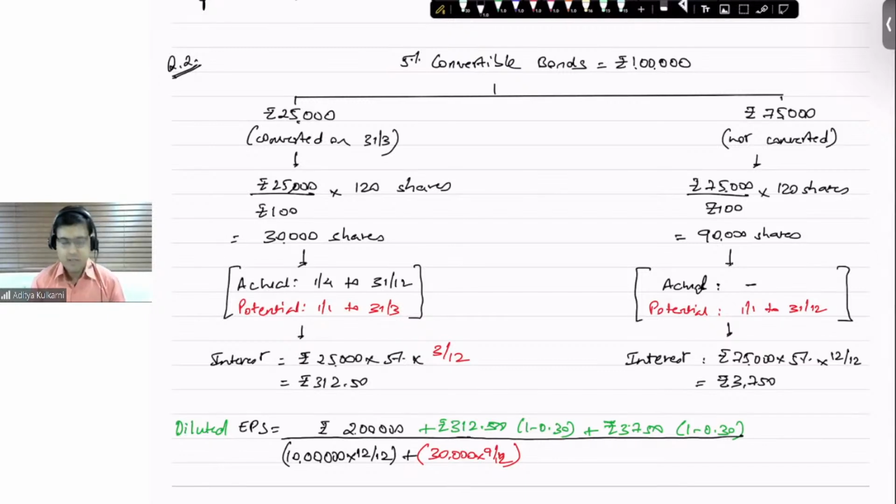We already have the number of shares for basic. The only thing you have to consider is the potential shares, 90,000 into 12 by 12. Done. So this takes care of the workings.